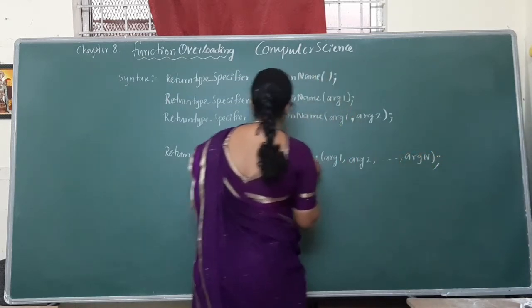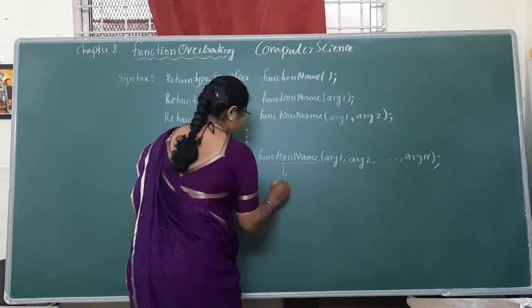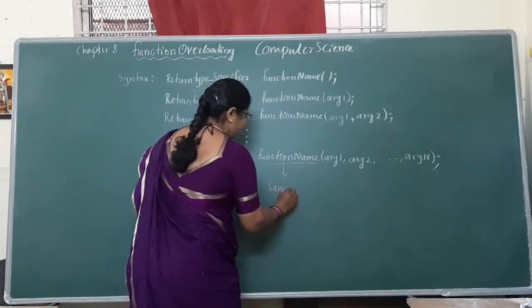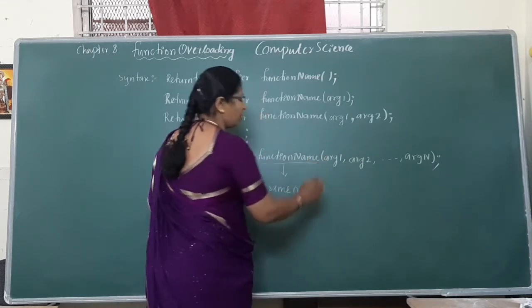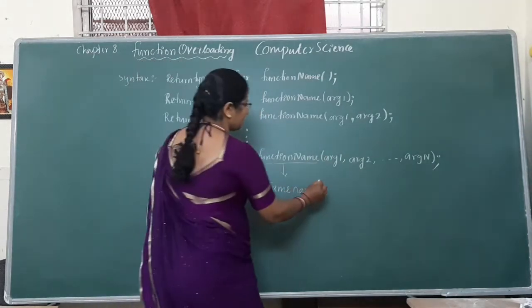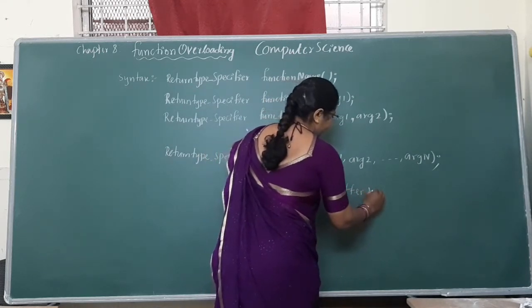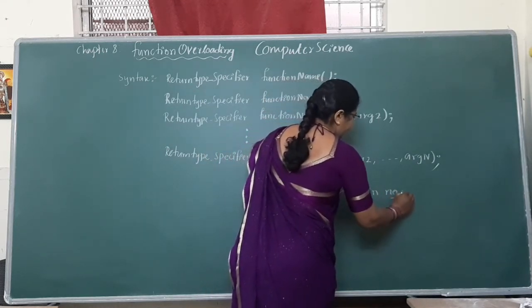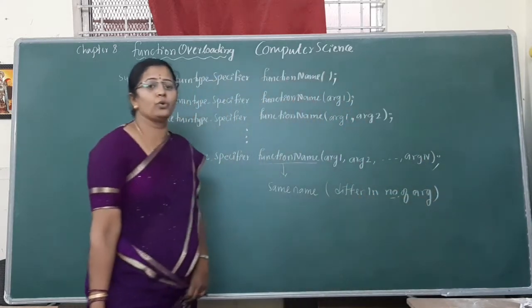That means whatever function name we have given, it is the same for all the functions, but they differ in number of arguments. Differing in number of arguments is called function overloading.